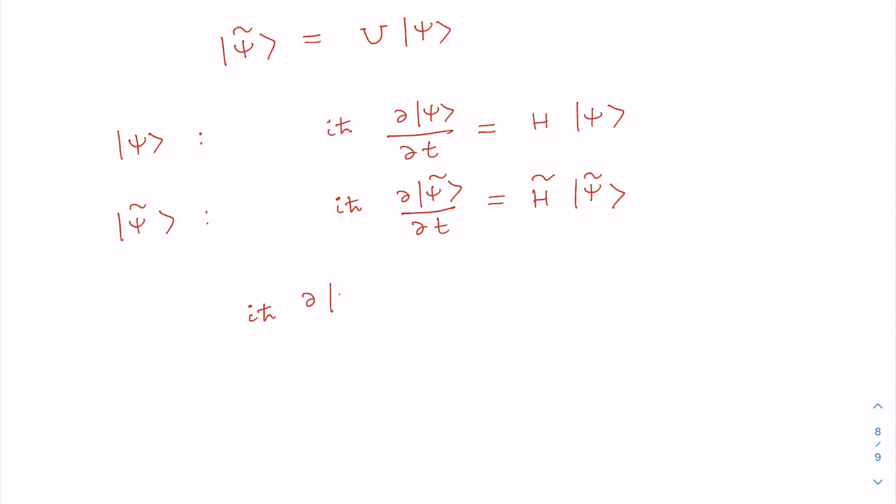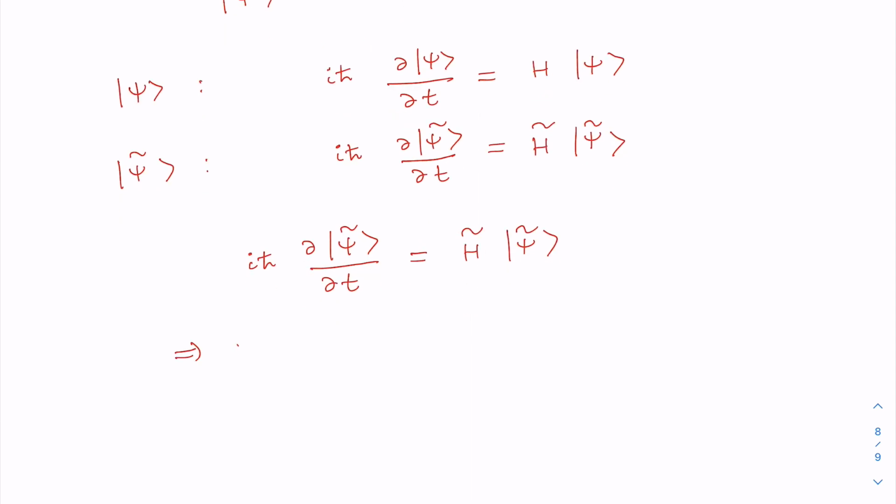So I have i h cross del psi tilde del t is equal to H tilde psi tilde. Let me now use this transformation: del t of U psi is equal to H tilde U psi.